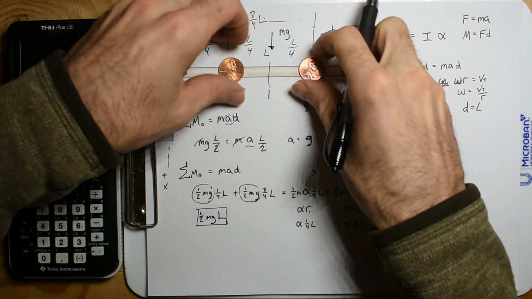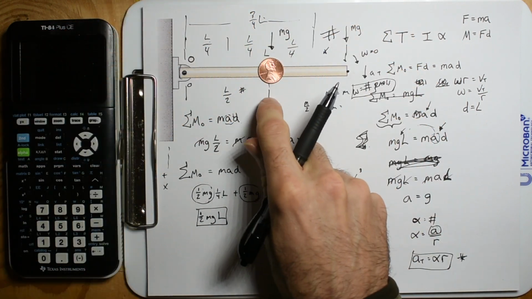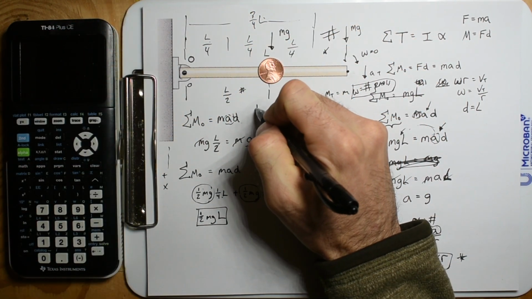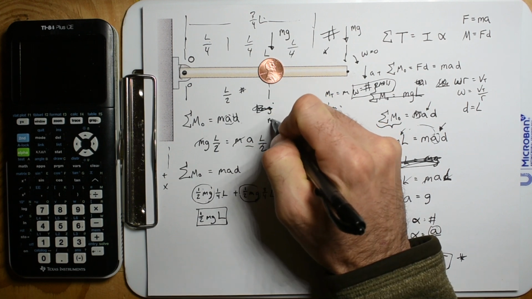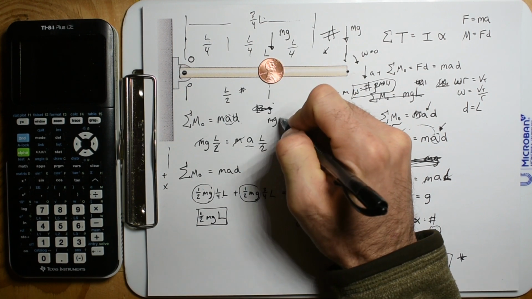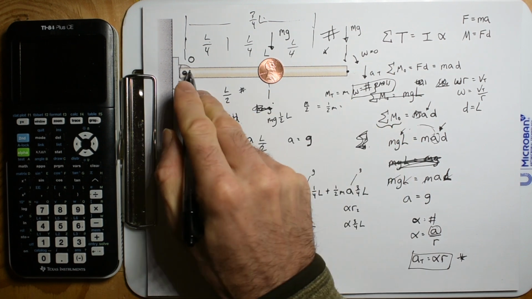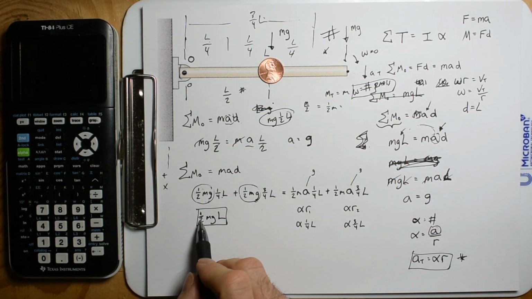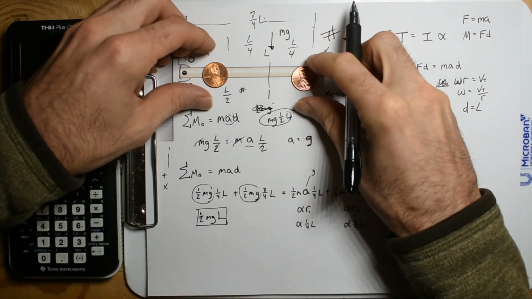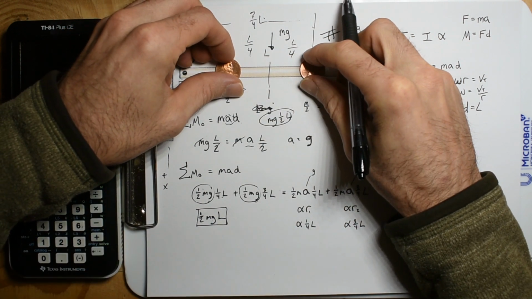It's the same as having all the mass right in the center. That generates a torque of all the mass, the force mg, times 1/2 L, the distance to that mass. So mg times 1/2 L is the same thing as 1/2 mgL.